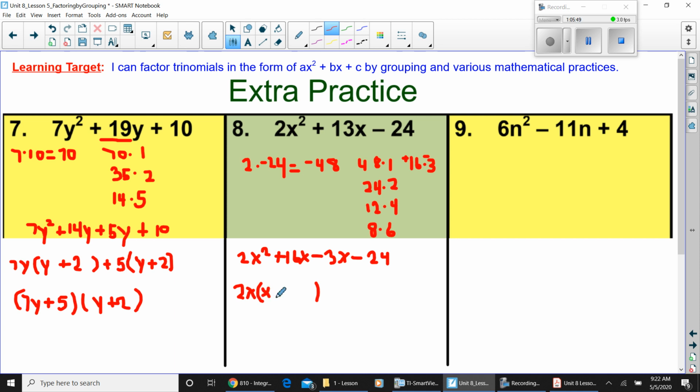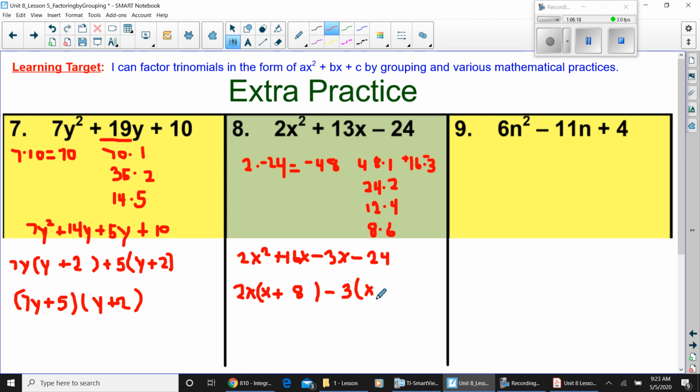2x times what equals 2x squared? 2x times x equals 2x squared. And 2x times what equals 16? 2x times 8 equals 16. You're going to take this negative, and the 3 is obviously coming out there because 3 goes into both numbers. So negative 3 times what equals negative 3x, that's x.